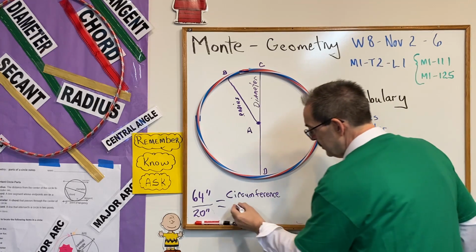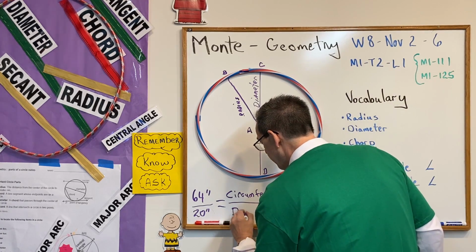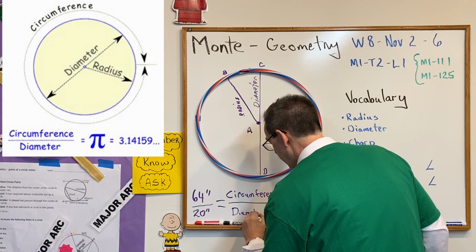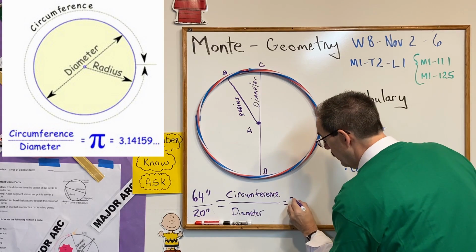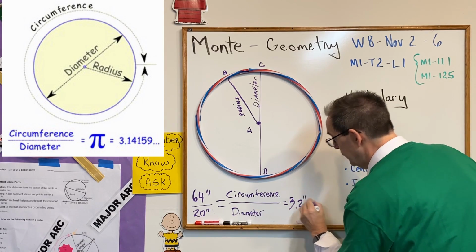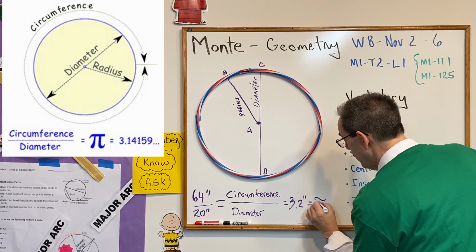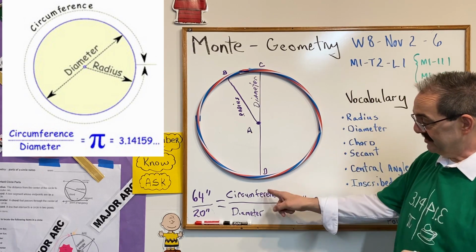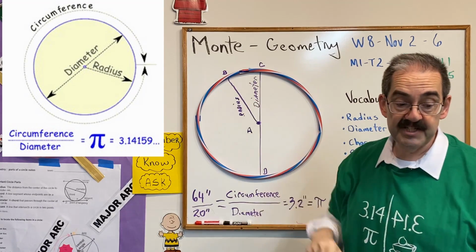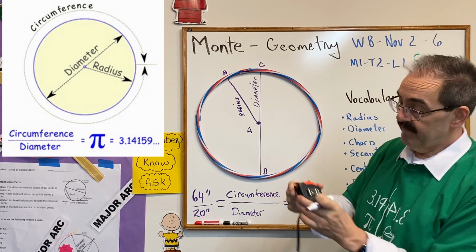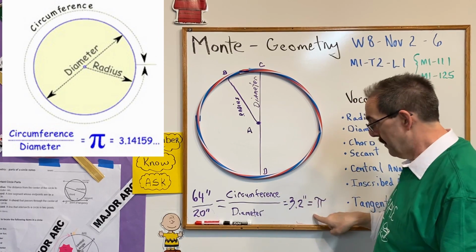Okay, so circumference divided by diameter is pi. Mine came to 3.2 inches, but the universal constant is pi. The circumference divided by the diameter of any circle. Any circle. Even this tape measure's got a little circle right there. If we were to measure that, we would get pi.